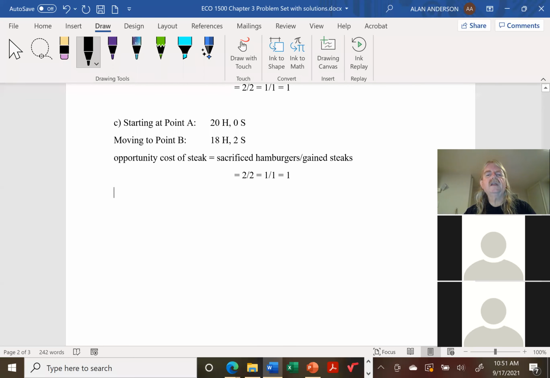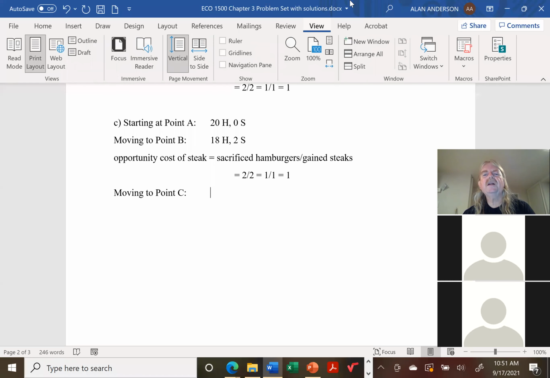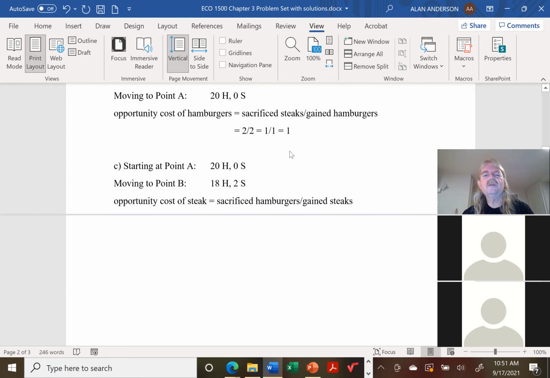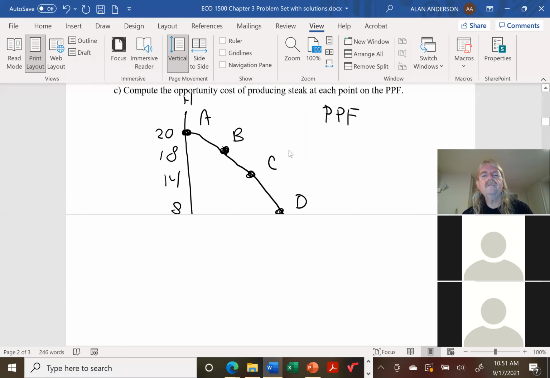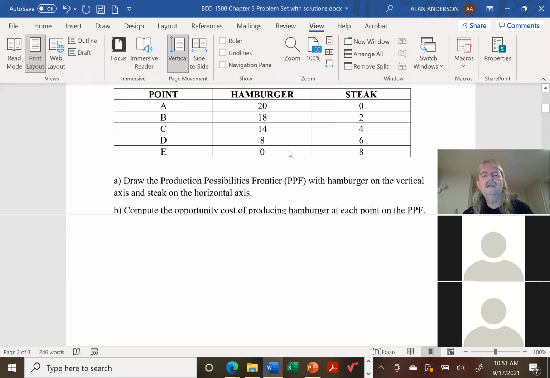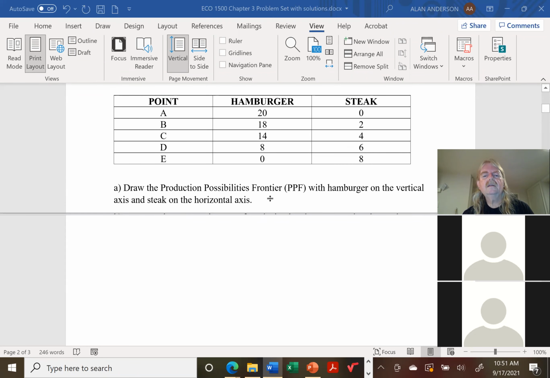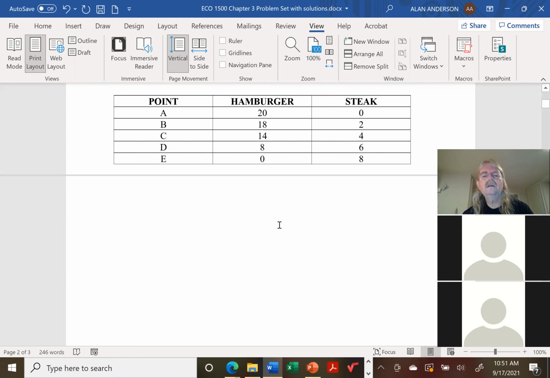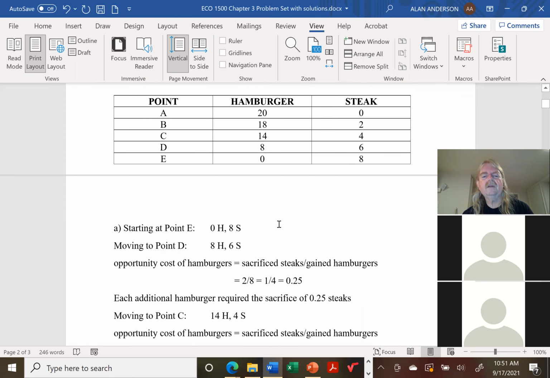Then moving to point C. Let's go back up here. I lost my split. It's really annoying to have to go back and forth all the time. So I'm going to split the screen. There we go. Okay.